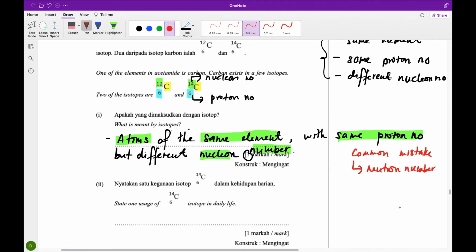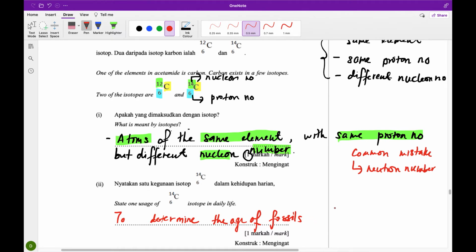So let us look at question number 2. State one usage of carbon 14. Very simple. To estimate or to determine the age of fossils, or you can also write ancient artifacts.